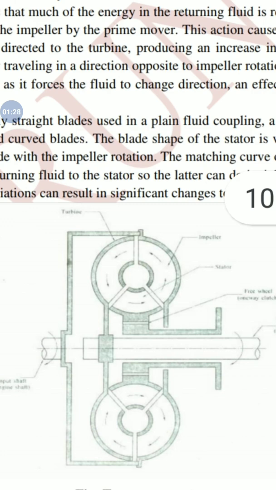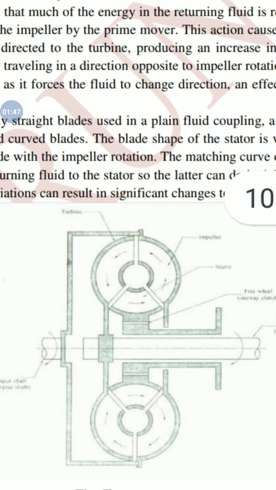It doesn't allow the fluid to return back from the turbine to the pump. So it makes the fluid flow in only one direction. This is the function of the stator, which is located in between the pump and the turbine.